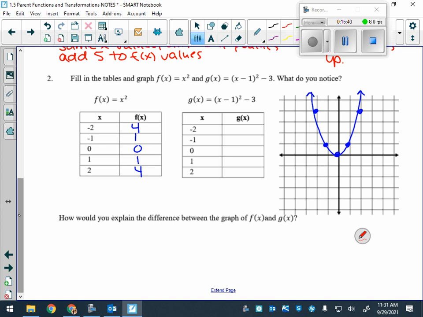Sam. Good. So this is all you see of the graph, if we were just plotting points.